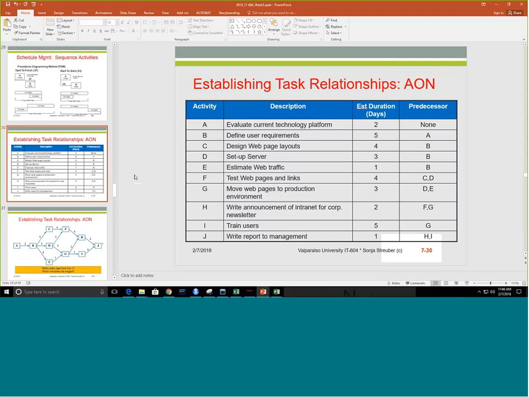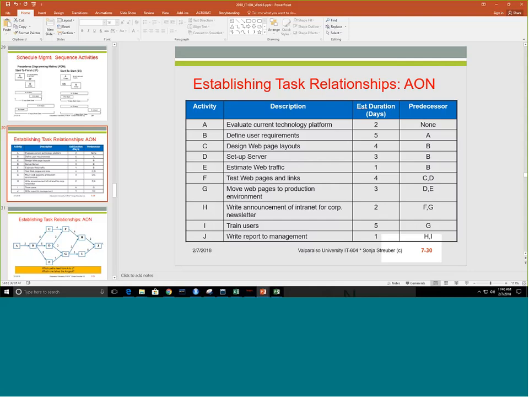Yeah, so remember your task list? This is your task list. Your activity has just an index here from A through J, could also be from 1 through 10. That could work as well. Then you have your estimated duration, and you can start figuring out what has to come first so that the next activity can start.